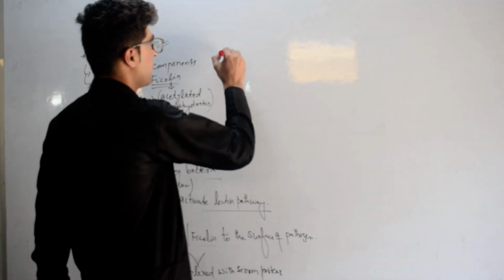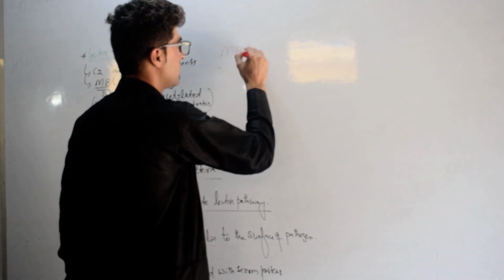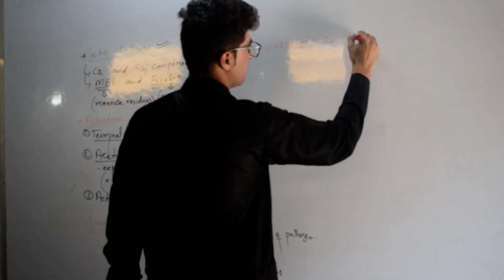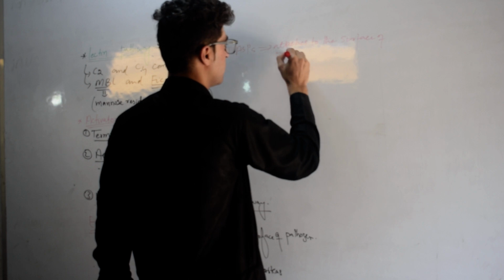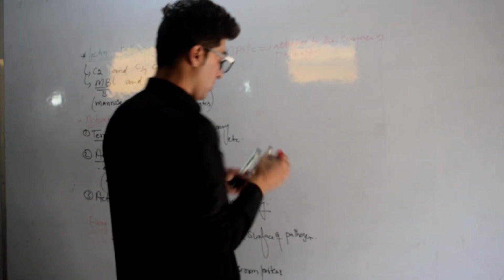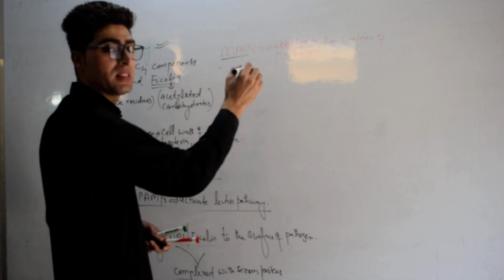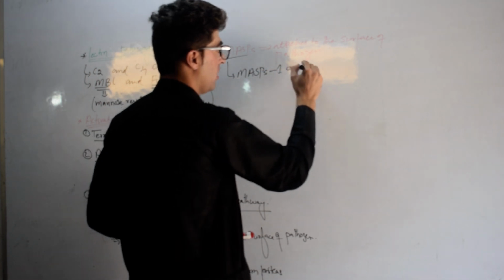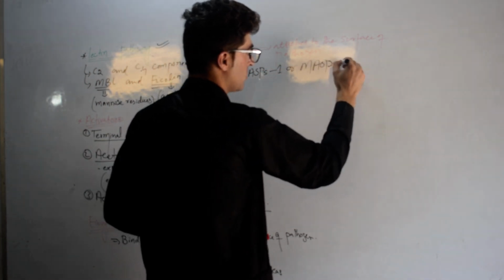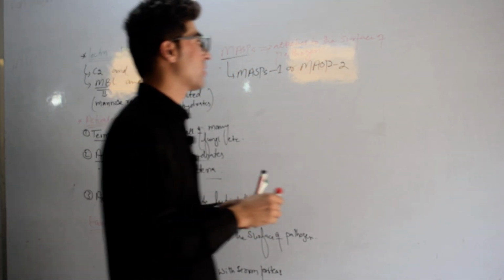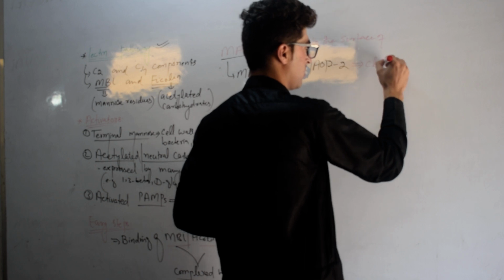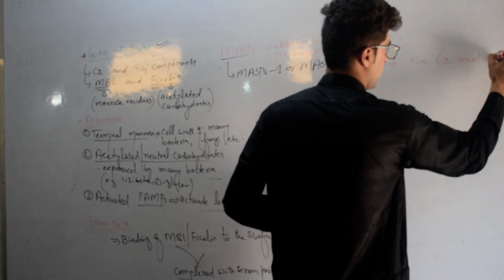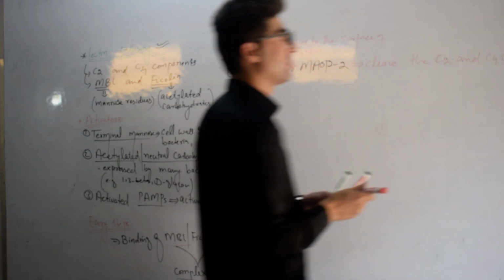Once these MASPs attach to the surface of the pathogen, one of these MASPs, such as MASP1 or MASP2, is going to cleave the C2 and C4 components of the complement system.